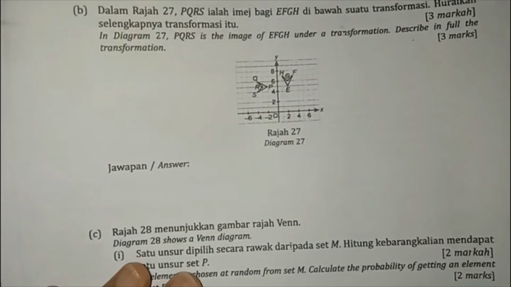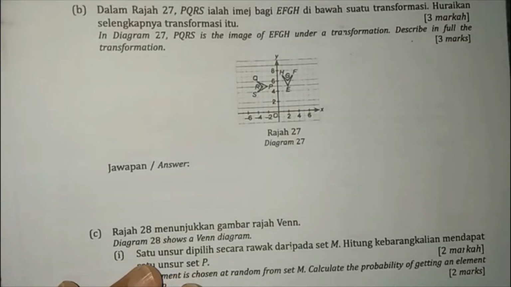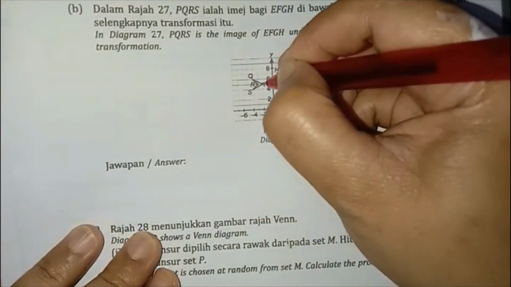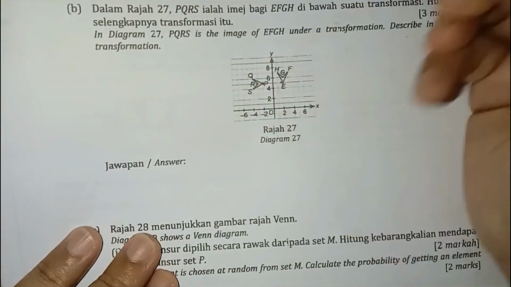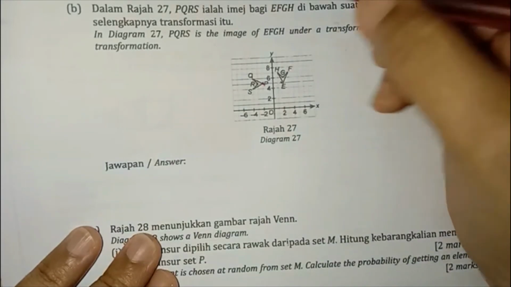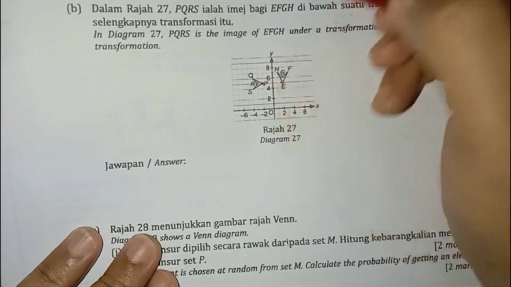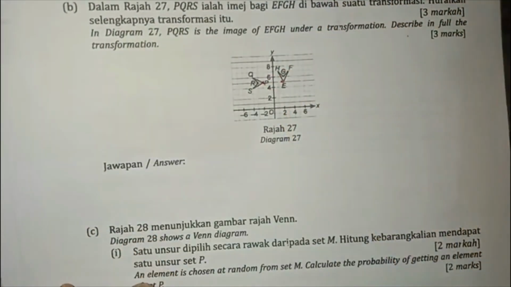Okay, B. Image of EFGH under transformation. Describe in full the transformation. You can see this one, P will become E. Okay. So 90 degrees of rotation.